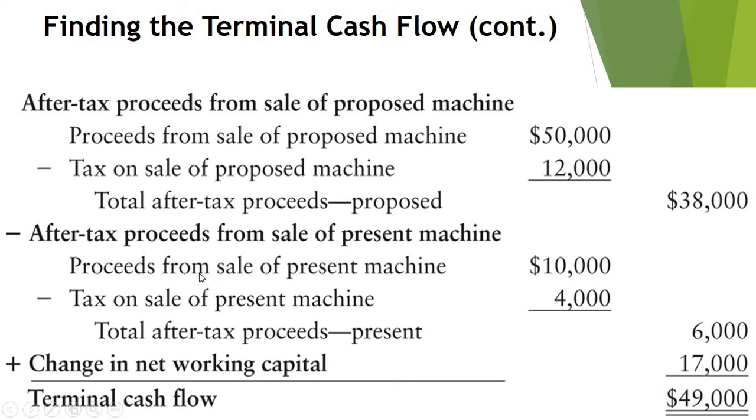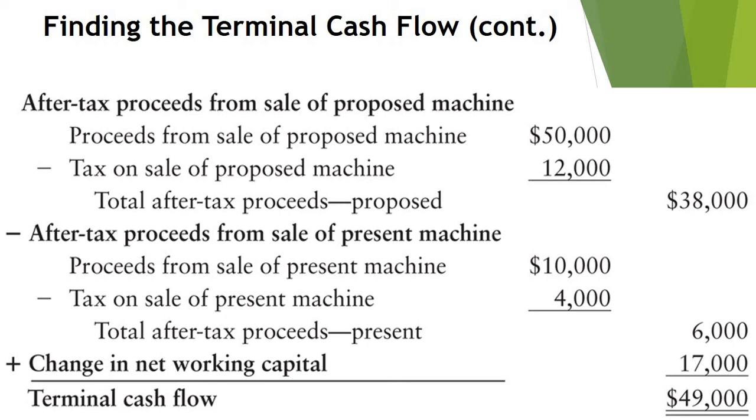So proceeds from sale of the present or old machine is $10,000 after all the cleanup cost and removal cost. Then tax on sale of the present machine is $4,000. The book value of the present or old machine is 0.